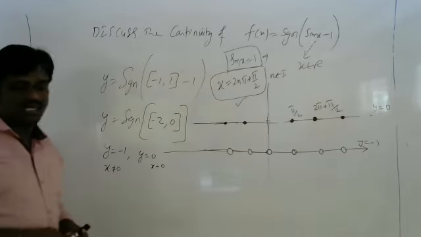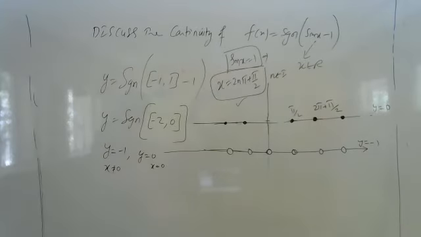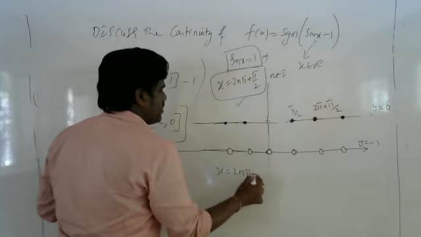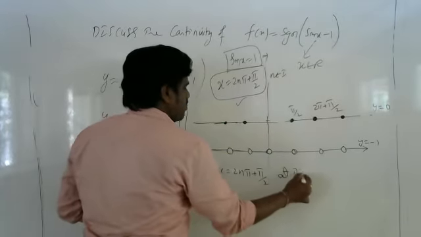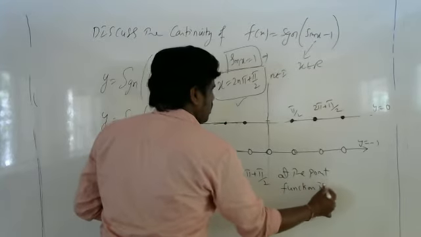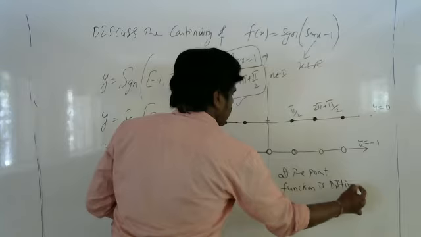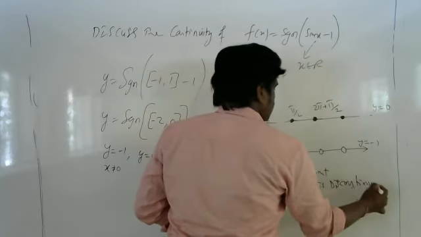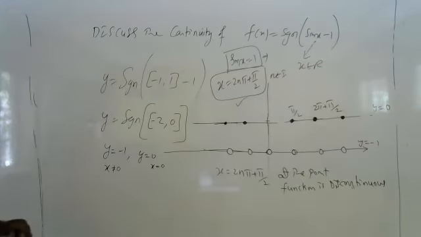So write down the answer. The general solution for this is x is equal to 2nπ + π/2. At this point the function is discontinuous.